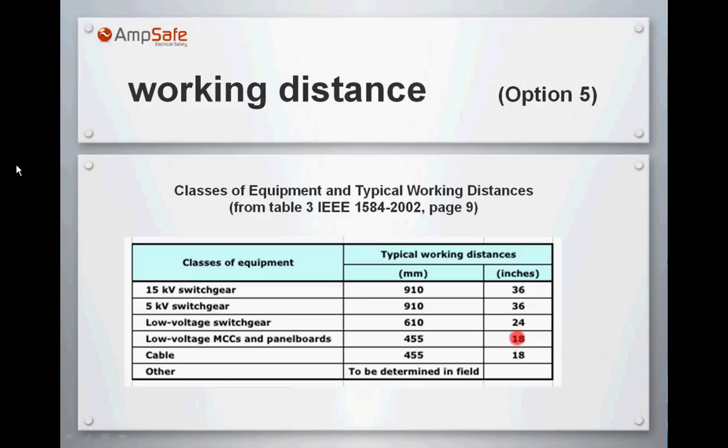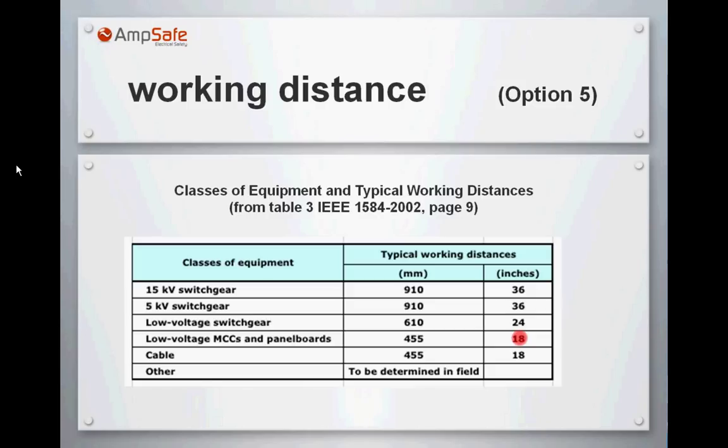And this is an important concept because when we do a survey, we have to be very clear if the equipment that we're surveying is a switchboard or a switchgear at low voltage, because that's different working distances. And if we make a mistake, that mistake could prove to be costly, okay?